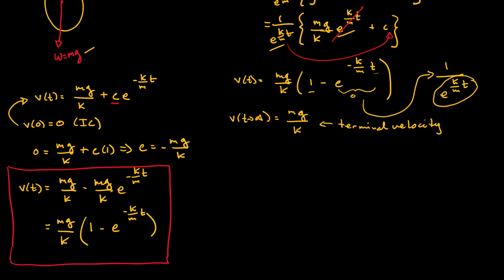So let's plot this. Let's see what this might look like. So if we have on the x-axis time, and on the y-axis the velocity as a function of time, we know that at time t equal to 0, it will be equal to 0. And as t goes to infinity, we approach some value. And that value here is mg over k.